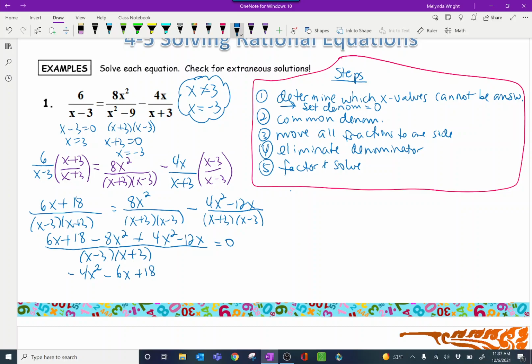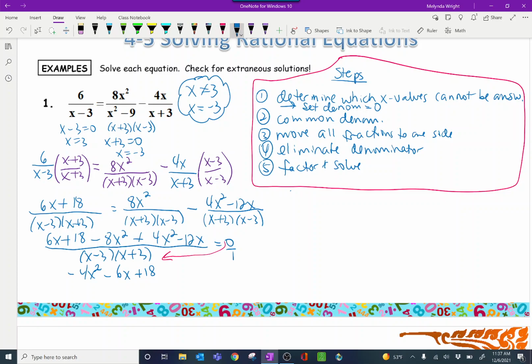Okay, so eliminate denominator. Let's talk about how I can do that. Since I'm equal to 0, think about that as 0 over 1. If I were to cross multiply 1 times that numerator, see how the 0 would basically wipe out the denominator?